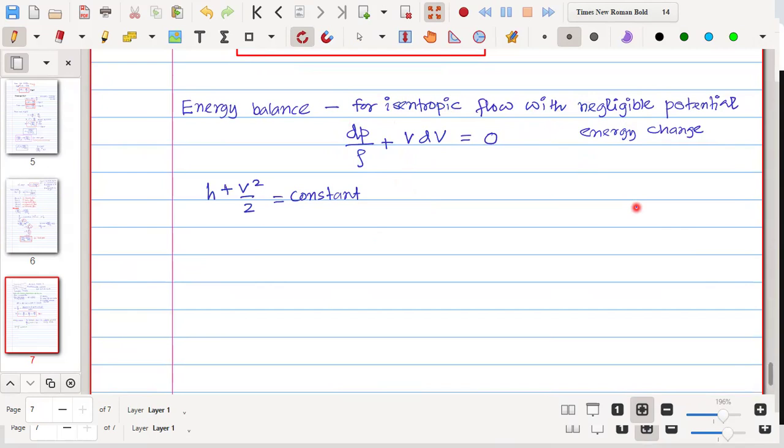So that is for Q is equal to 0, W is equal to 0, and delta PE negligible. Now, if we differentiate this, it will be dh plus V dV is equal to 0.